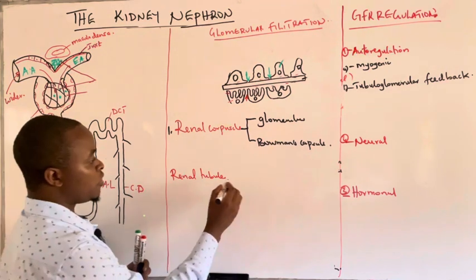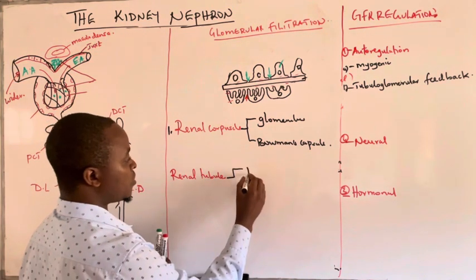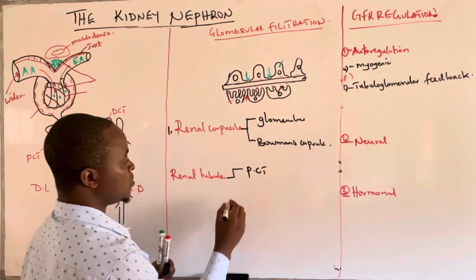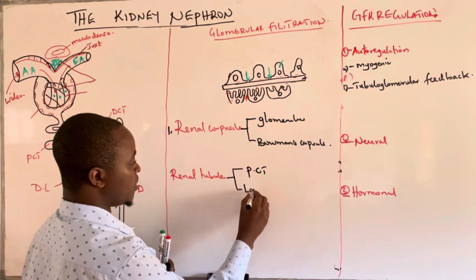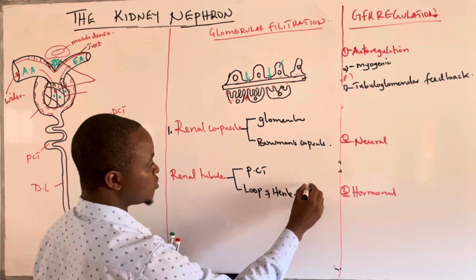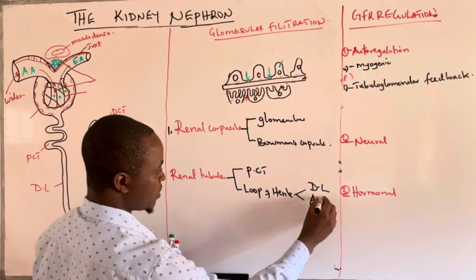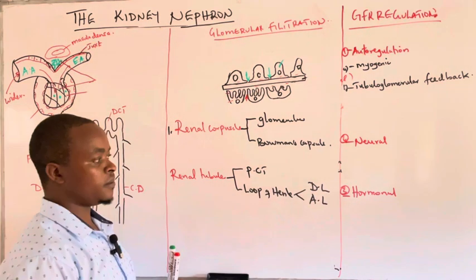And then the renal tubule, that is where the filtrate passes, whereby we have the proximal convoluted tubule, and the loop of Henle, which is divided into descending limb and ascending limb of loop of Henle.